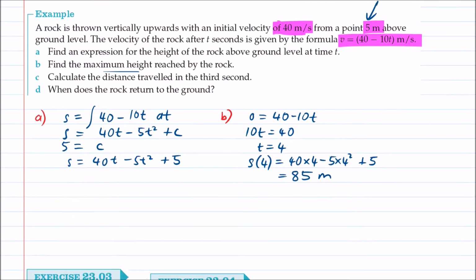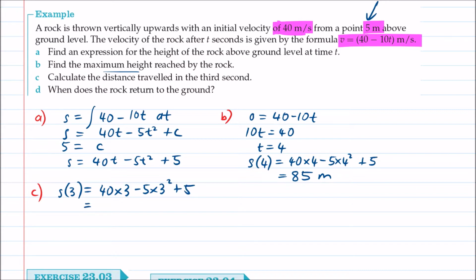Okay, calculate the distance travelled in the third second. So for this we would have to work out the distance at 3 seconds. So that would be 40 times 3 minus 5 times 3 squared plus 5. So that's going to be 120 minus 45.